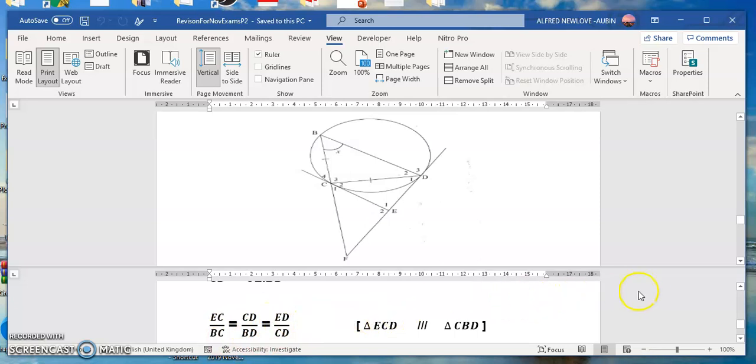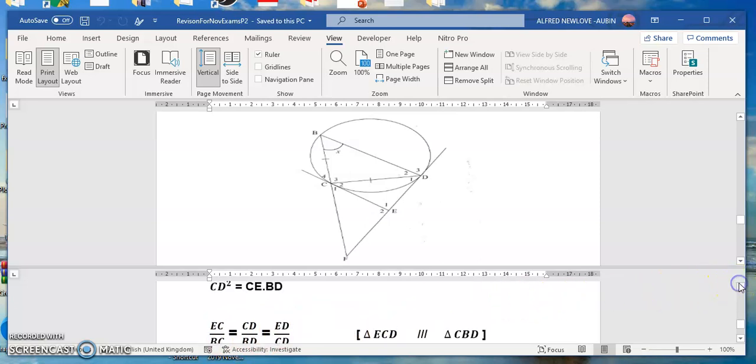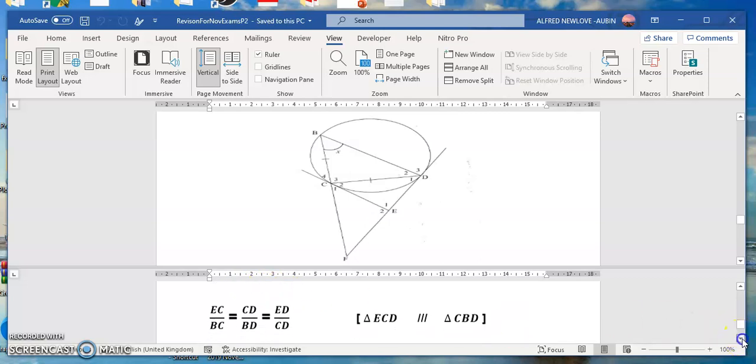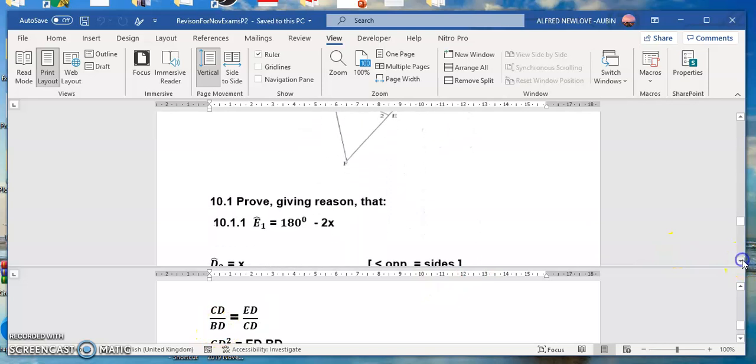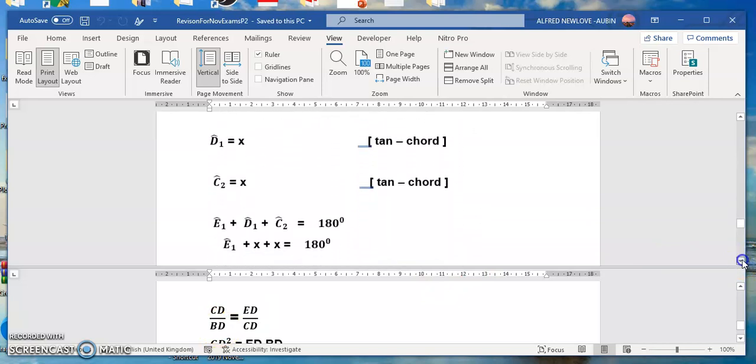Then, if you check the question, they want CD, we also need CE, and we also need BD. So which one is good for us to pick? We are going to pick CD over BD because in the question, let me show you the question there.